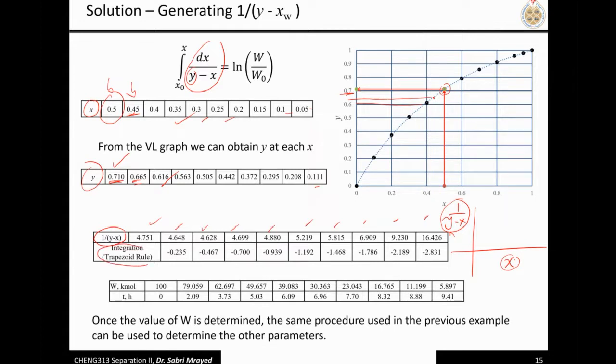Now, integration using a trapezoidal, as I said, you can apply the trapezoidal rule if you want, or you can use any other rule you feel more comfortable with. But all you have to do is just get this number. So now what you have here, this is x.